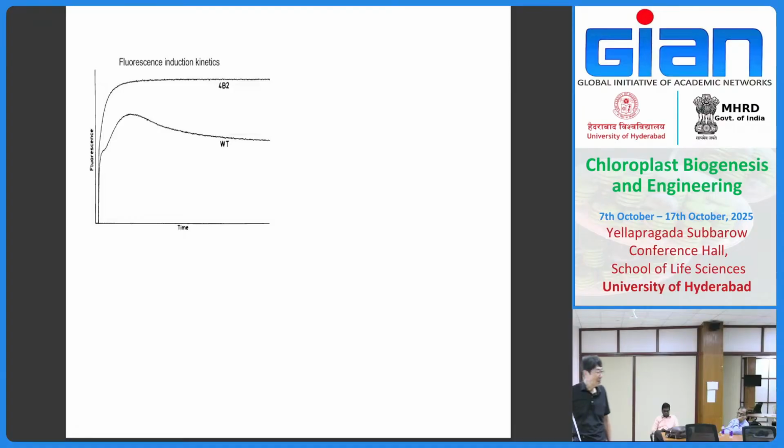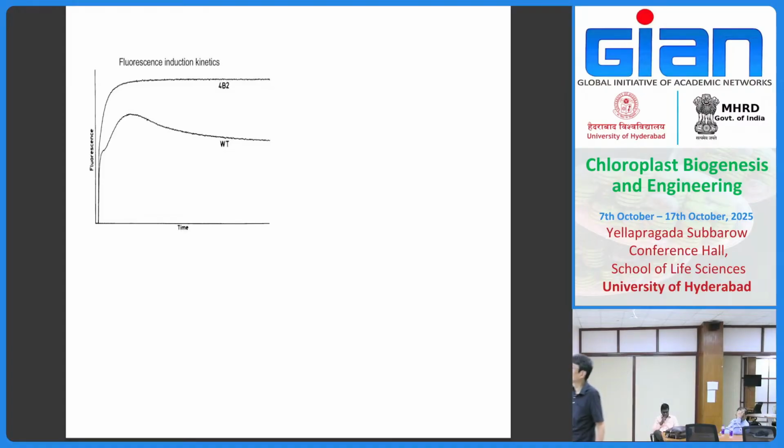But in the mutant, it just goes up. There's no activity to extract electrons from PS2 because PS1 activity is absent. So electrons accumulate. PS2 is highly reduced, so the fluorescence yield becomes highest.